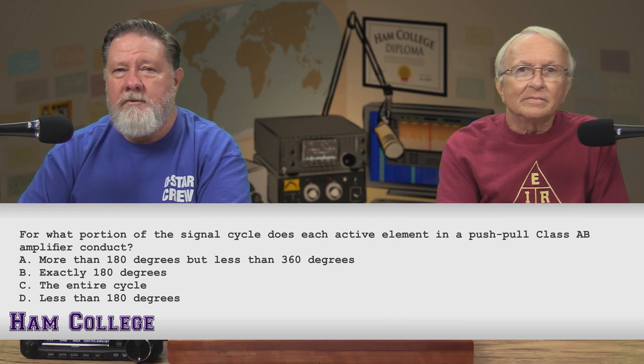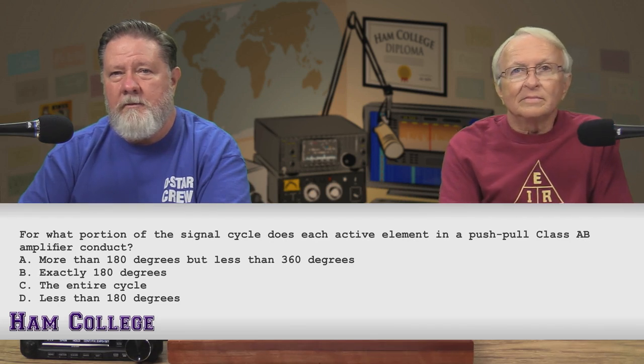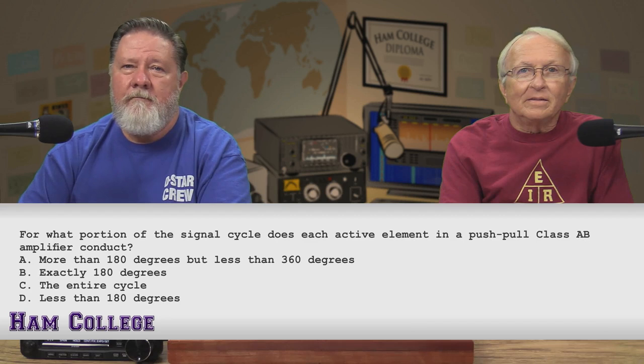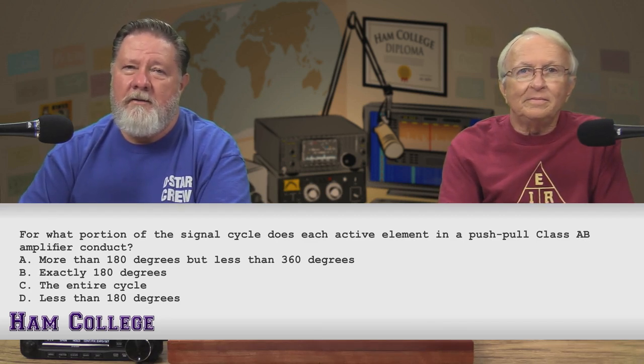For which portion of this signal does each active element conduct? The one that seems somewhat obvious would be B, although I got a funny feeling that's probably not right.